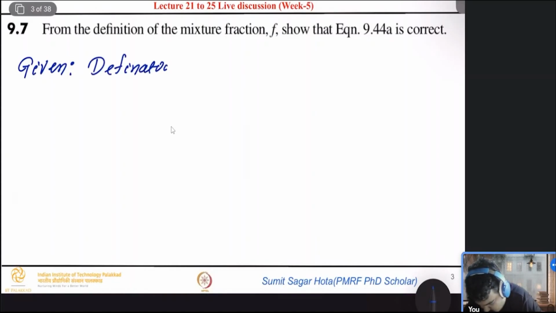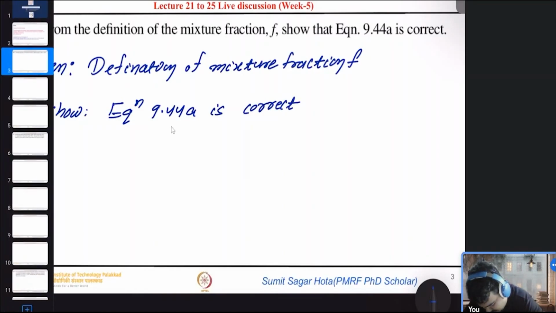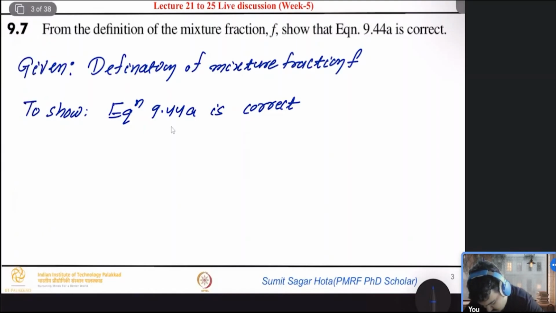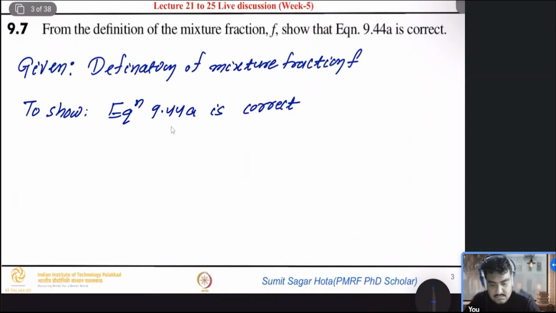Definition of mixture fraction F. To show: equation 9.44a is correct. Now let's go to the solution part.